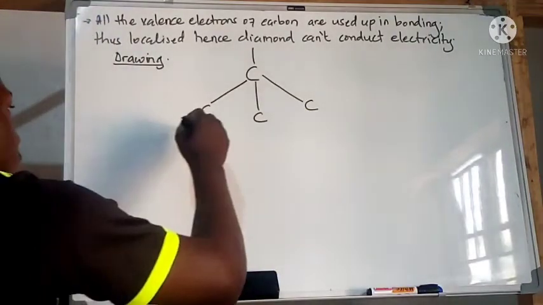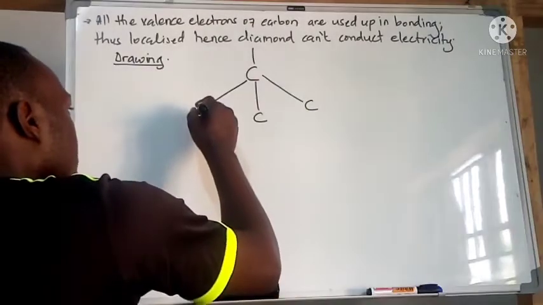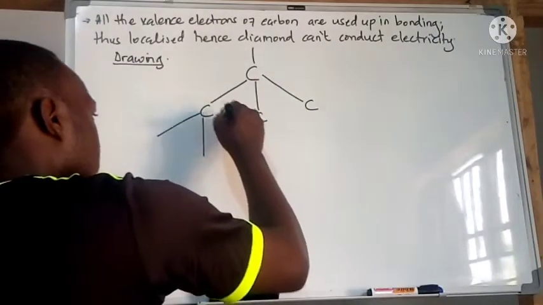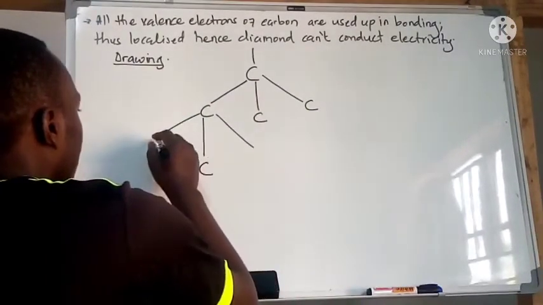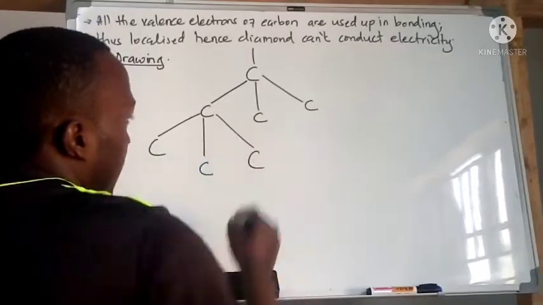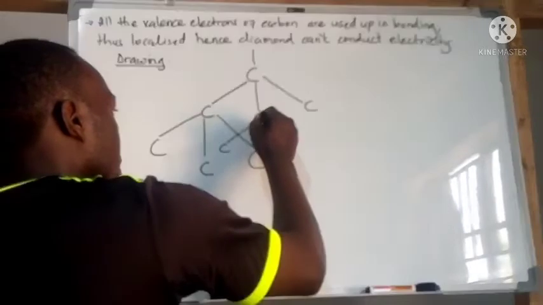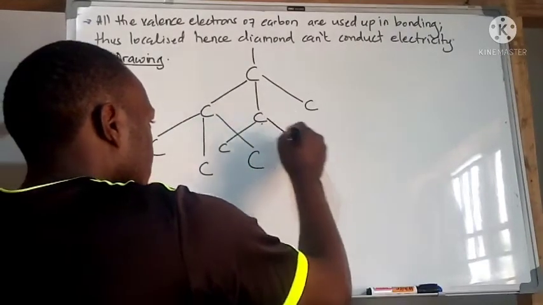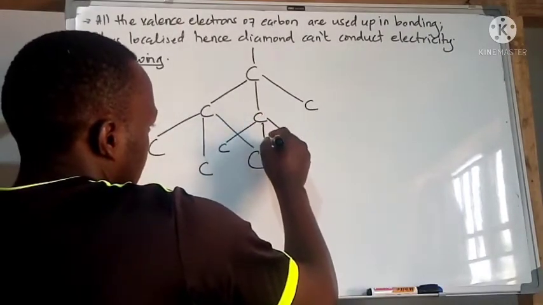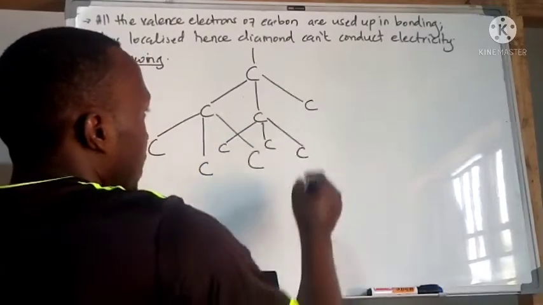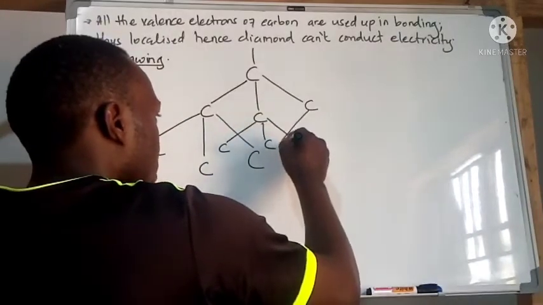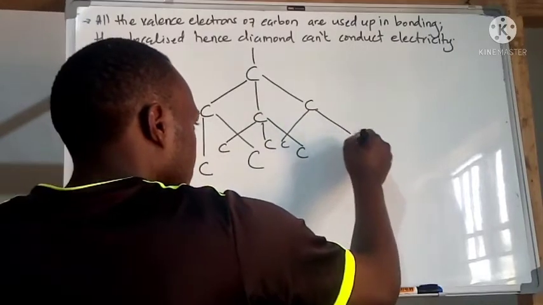And this carbon should also be bonded to 3 others in a tetrahedral structure. Likewise, this carbon has to bond with 3 others. Even this one has to bond with 3 others.